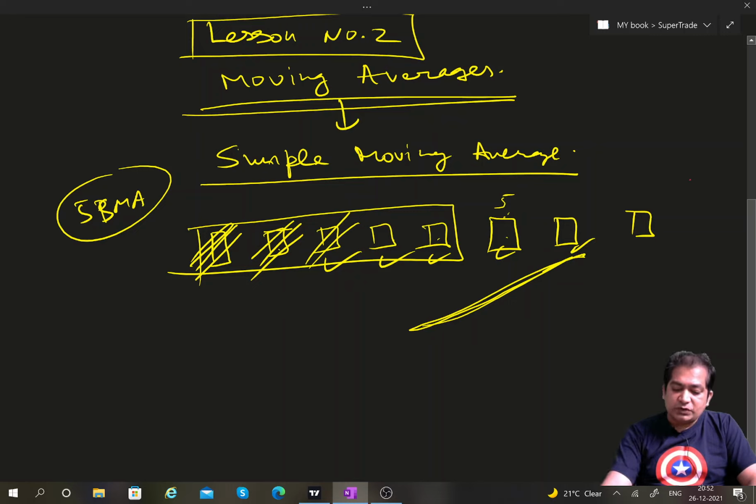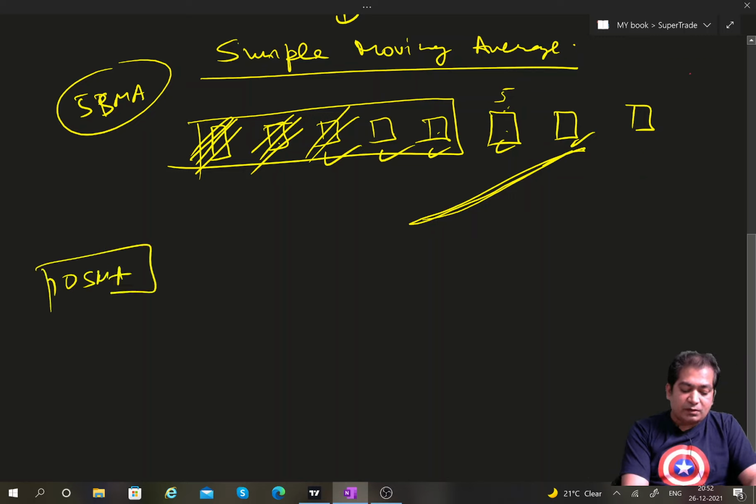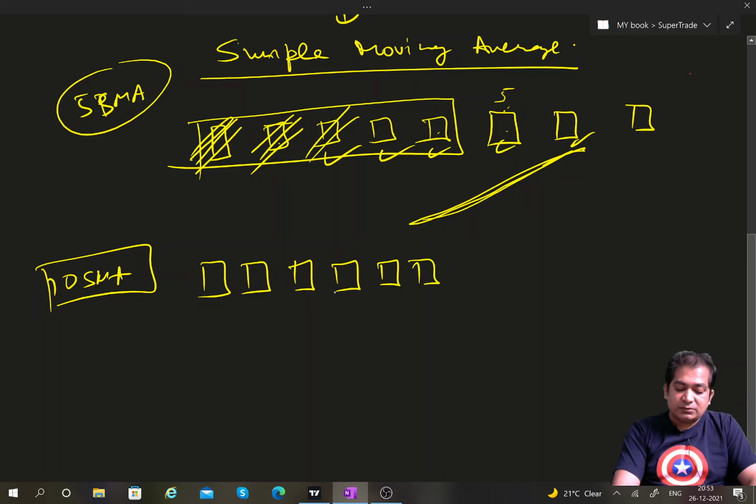Likewise, if I use a 10-period moving average, a 10 SMA, then it will take into consideration the average price of 10 candles, 7, 8, 9 and 10, and then it will define where the moving average line stands. We'll see that line, don't worry.